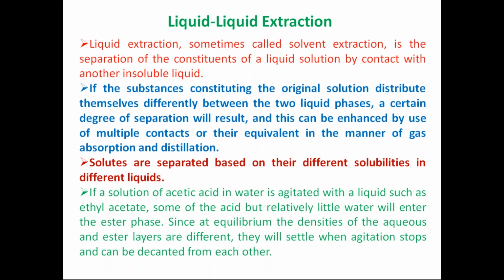Since two distinct liquid phases exist, it is called liquid extraction. Once the separation is completed, how do we know? When the equilibrium is attained, we can separate one layer from another by using the decantation technique. So therefore two layers will get separated.